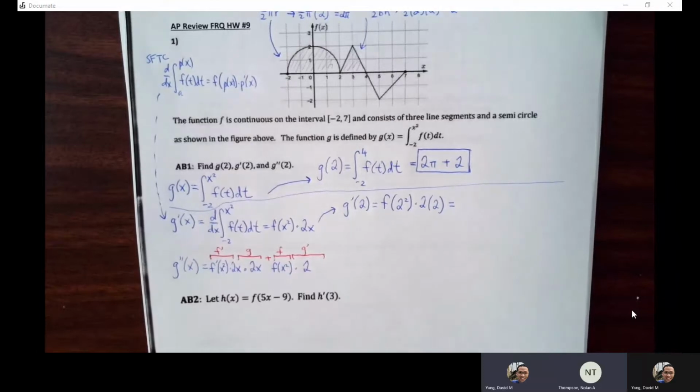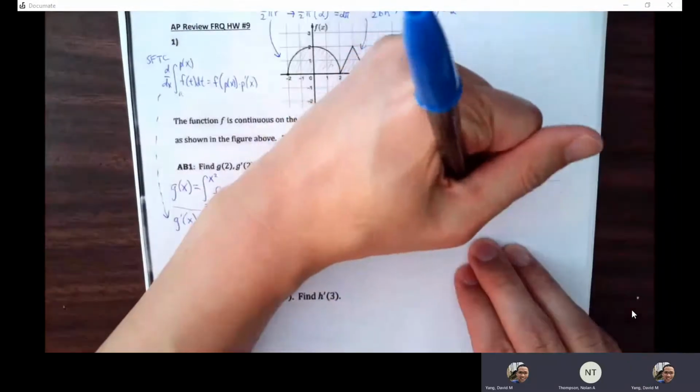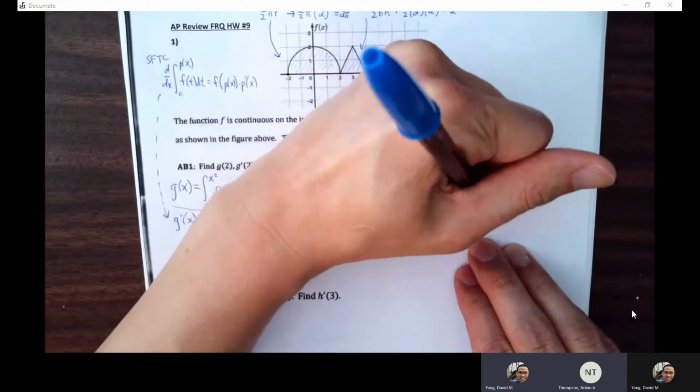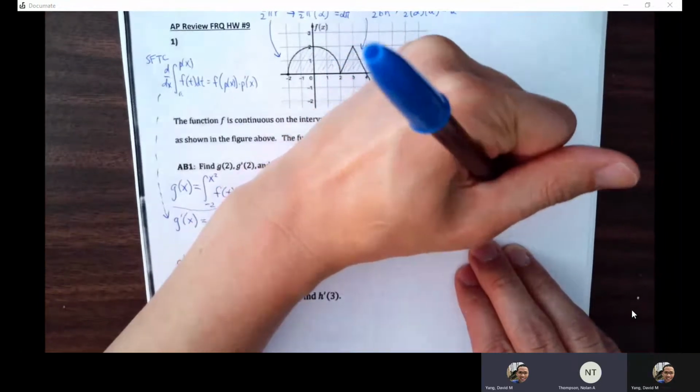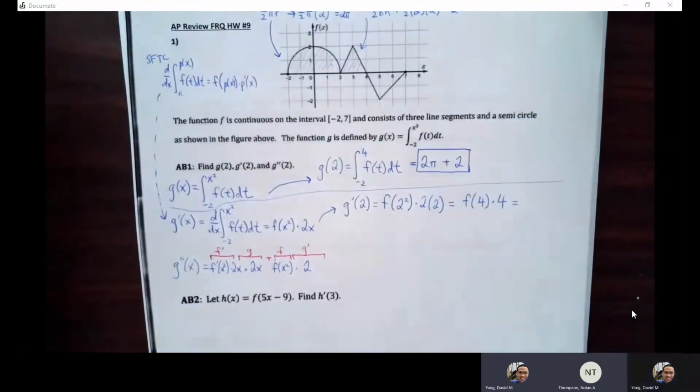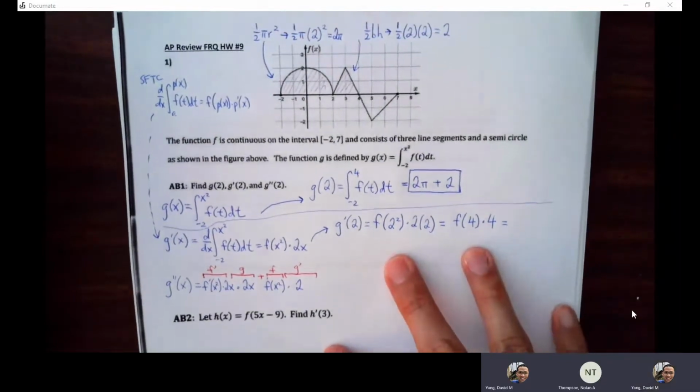G prime of 2 equals f of 2 squared times 2 times 2. So we have to find what f of 4 is, right? What's f of 4?